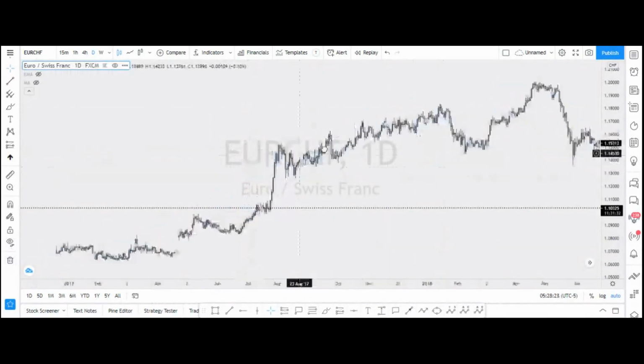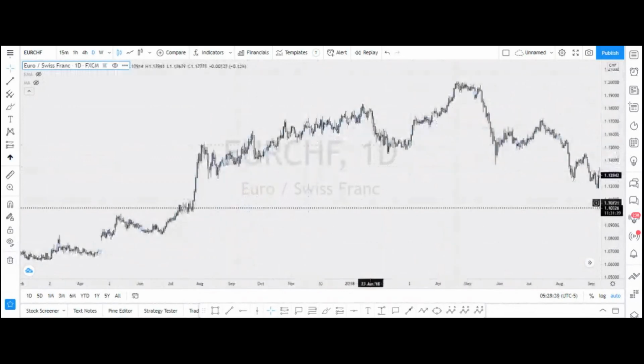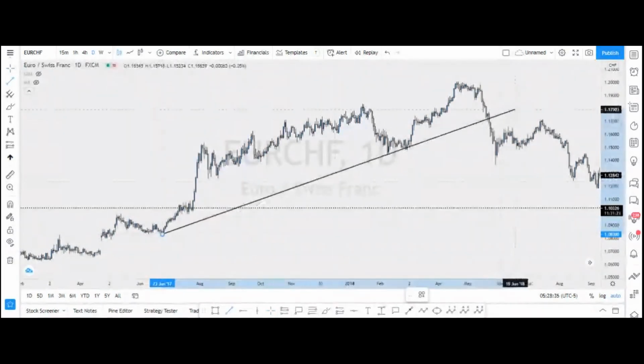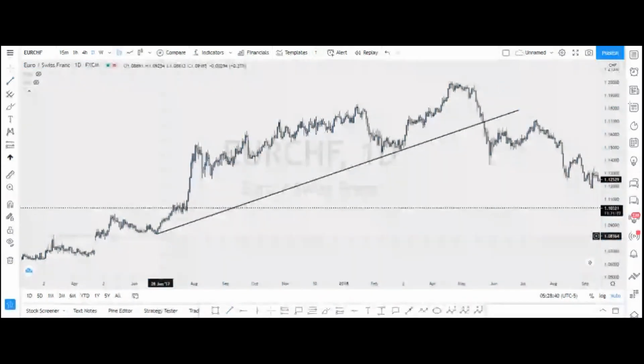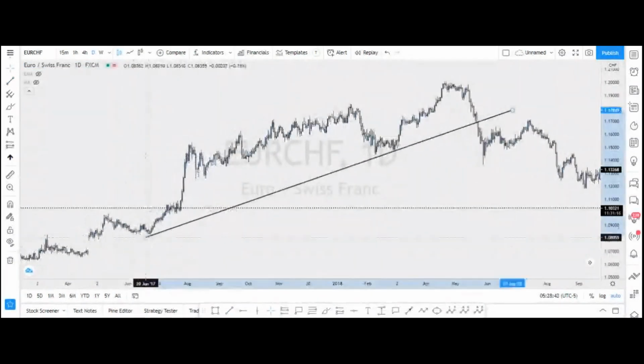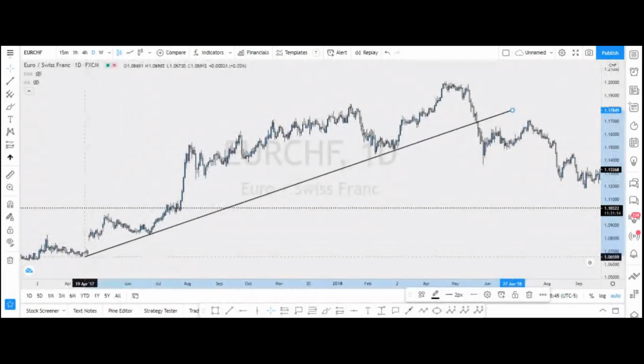Okay, great. So I can delete everything. Now, let's look for channels. I can draw out a channel from this. I can draw this as the supporting trend line. Then I can draw out this.